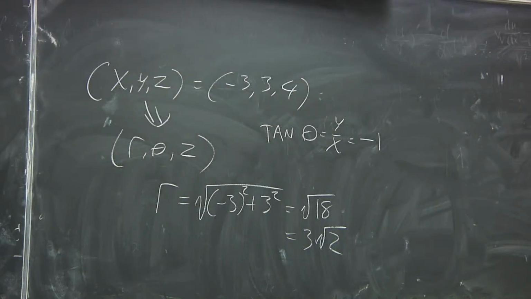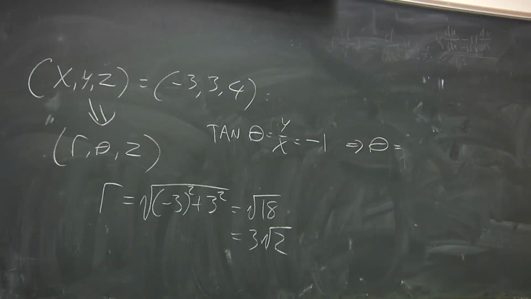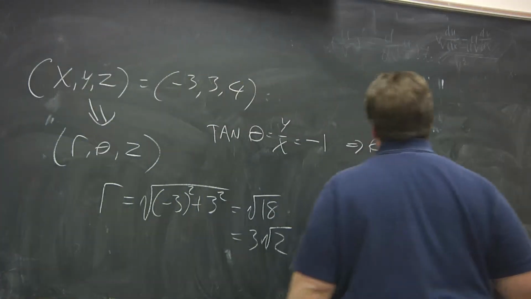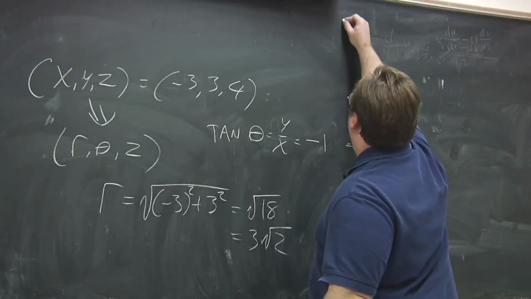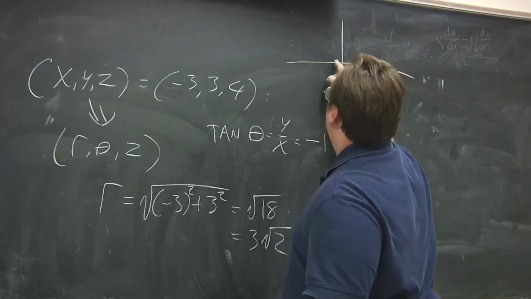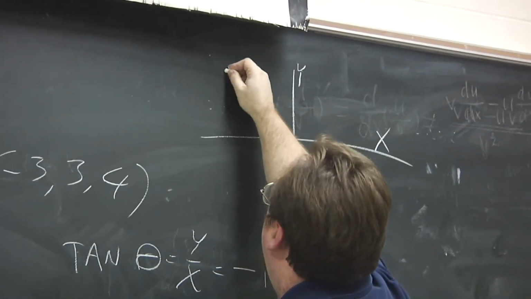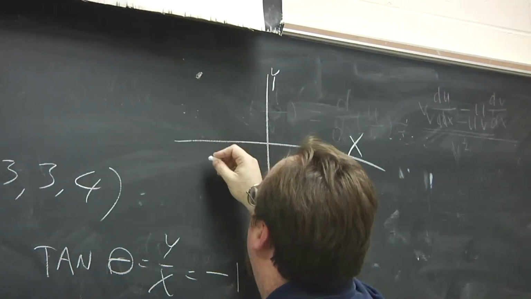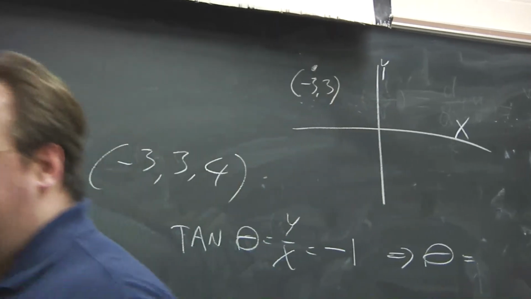So this is something that you have to be careful about. What is theta? It could be several, right? Or is there some sort of confines that we're looking at? There is a rule that indicates which is the right one. What you need to do is keep in mind x. It's all about x. So in this case, just looking at x and y, minus 3, 3, you're over here, and then z is coming out of the board.